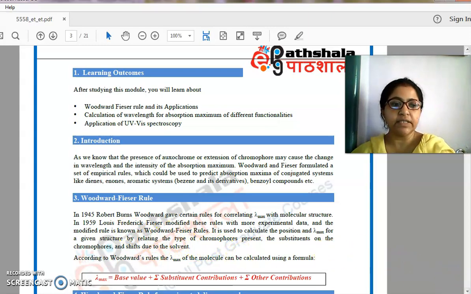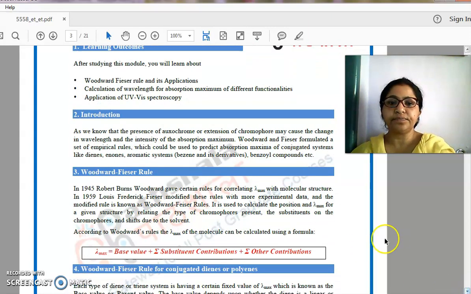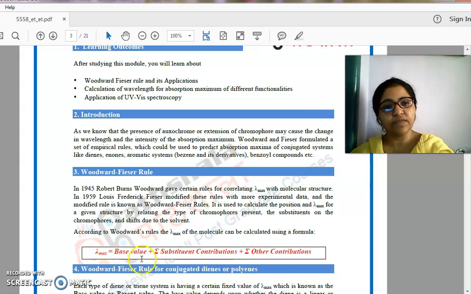Now, what the rule tells us, it has a formula like this: lambda max is equal to base value. There will be a base value for a particular compound. The type of the compound will have a base value, and on that skeleton structure there will be so many additives, means so many groups will be coming, like methyl, chloride, bromide, and all that.